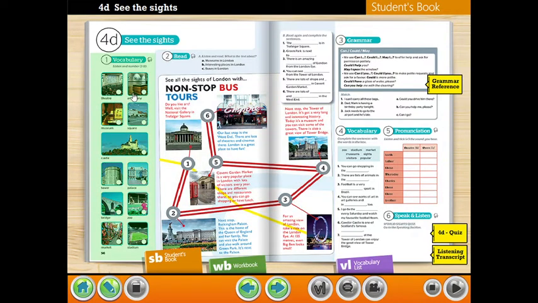Then we talked about some places that we can also see when we visit some different tourist places. Those are the tourist attractions called the sites. We talked about the sites of London, and you know a lot more sites than you have here in the lesson.